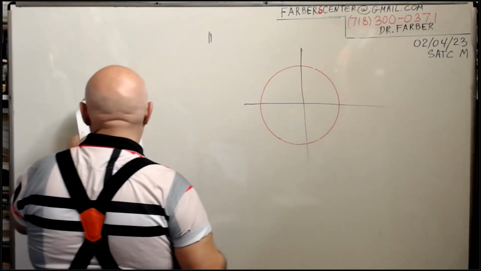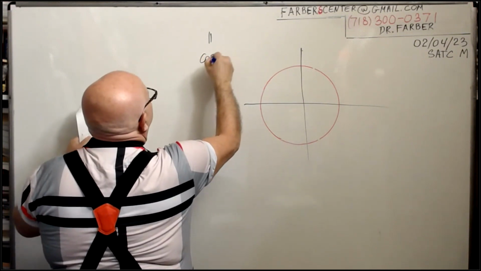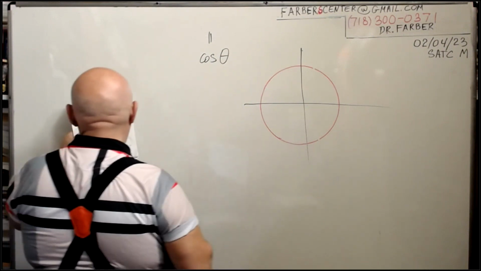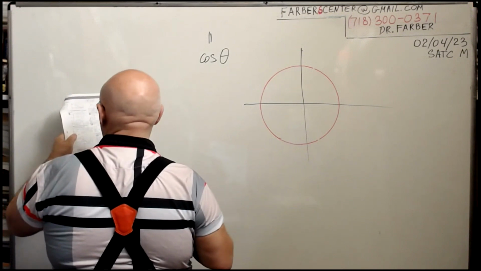We have the cosine. We're talking about cosine of theta, of x, doesn't matter, is not equal to cosine of the other.